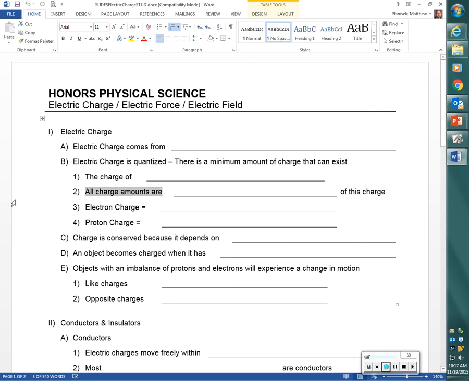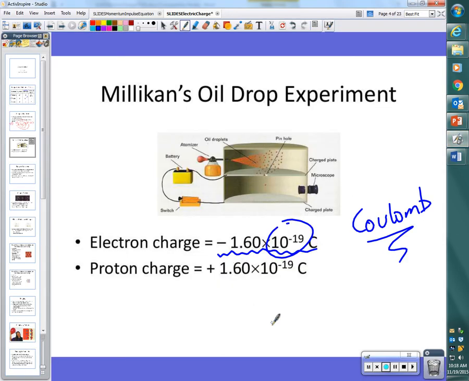And I just gave you the value for the charge of 1 electron and the charge of 1 proton, 1.6 times 10 to the -19th. Electrons are negative, protons are positive. That capital letter C at the end stands for a unit that we call the coulomb, and that's how we measure charge. Okay? Good there? All right.